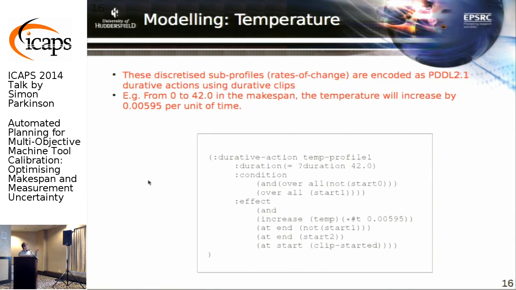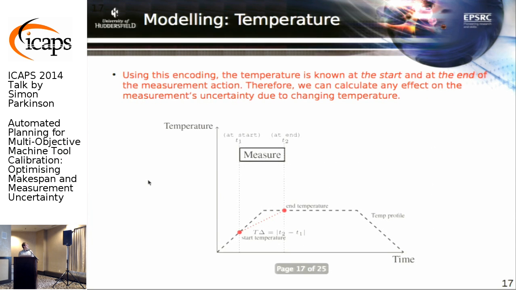You can see that from 0 to 42 in the makespan, the temperature will increase at 0.005 per time unit. Using this, it allows us to have the temperature, or the rate of change, at the start of a measurement, the rate of change at the end, and then we can calculate how it changes throughout the measurement.